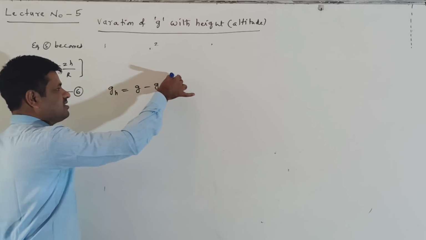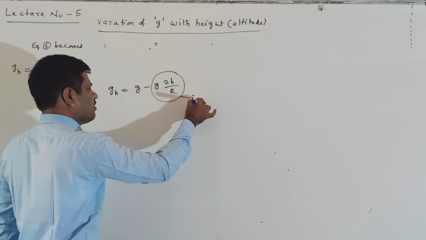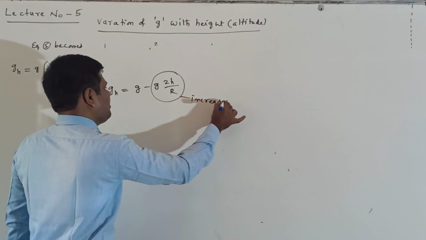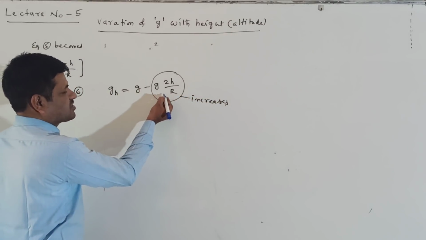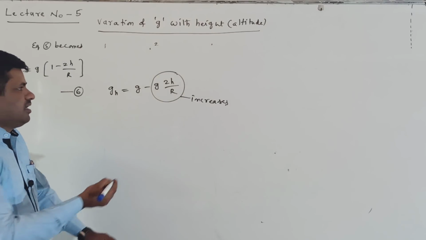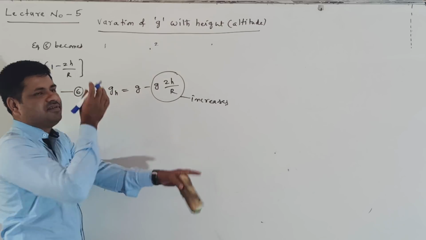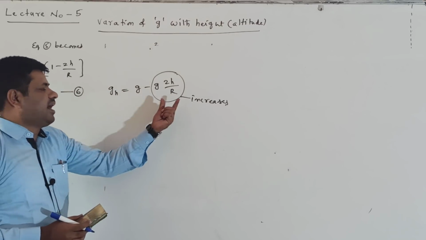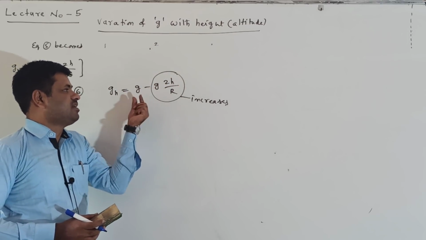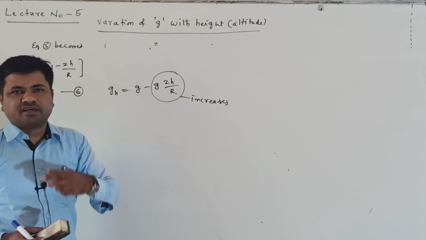When h is increasing, this value is increasing, which means g minus some value, that value is decreasing. So when height is increasing, this subtracted value increases, and the total gh value is decreasing.